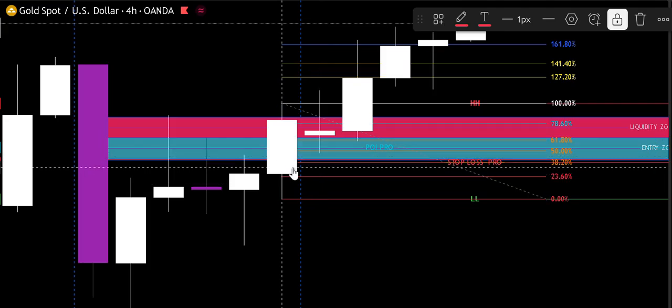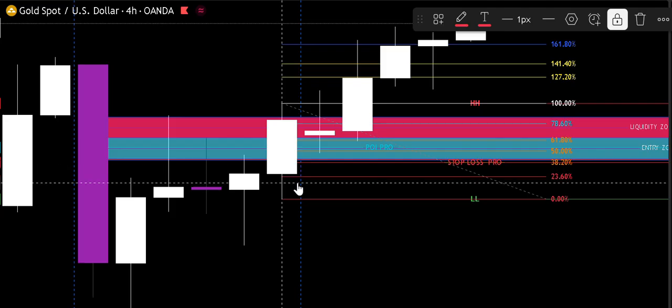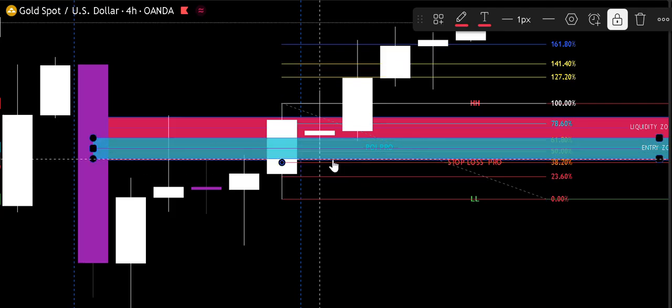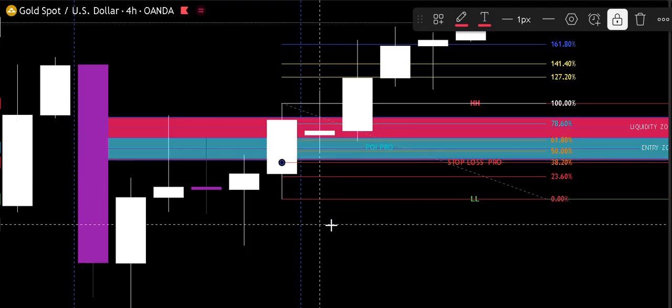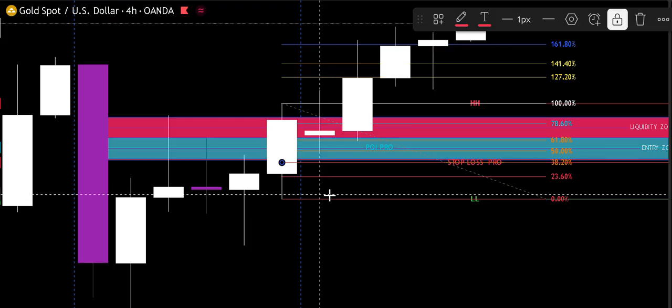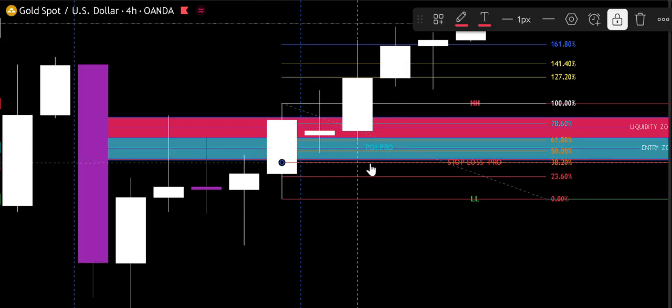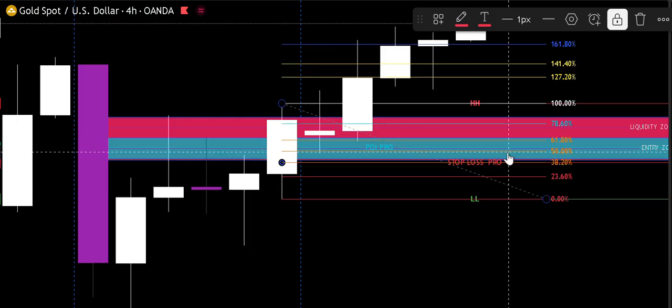The fib is going to help us to get a perfect entry. Okay, remember that you like to enter like a pro. This is the way you can calculate. It told us our POI is in this area, okay, and this one told us our POI is in this area.